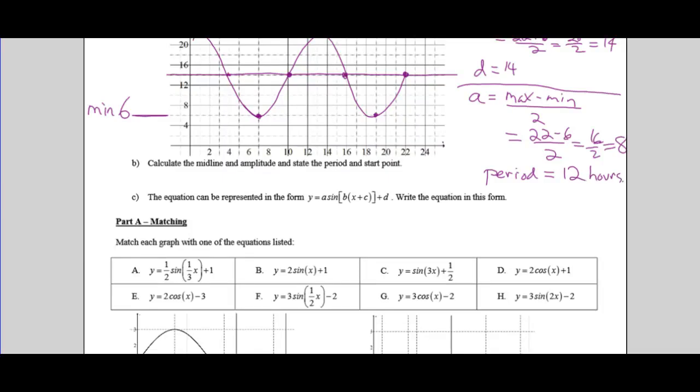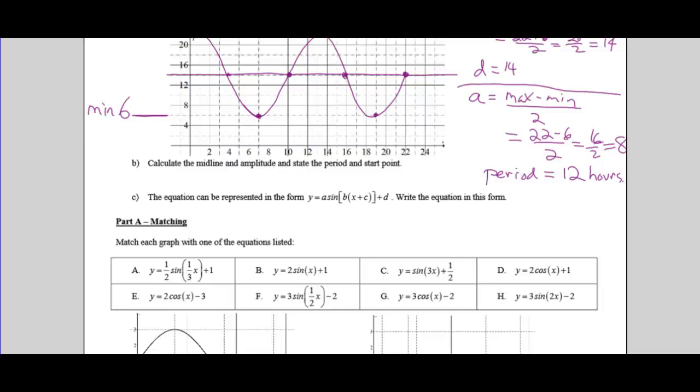Oh, it starts there? Well, the first peak is at 1, and the next peak is at 1 p.m., which is 12 hours later, or a time of 13. 13 minus 1 is 12. Okay? So you can go peak to peak, or you can go from the minimum.